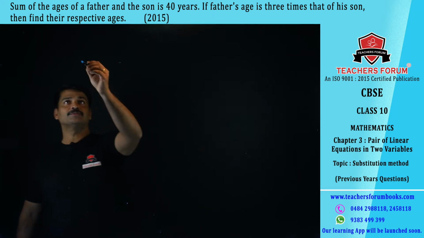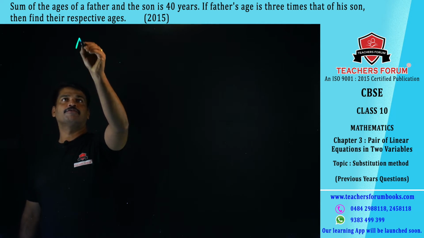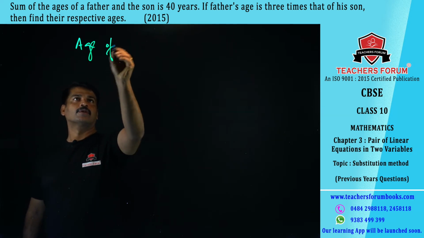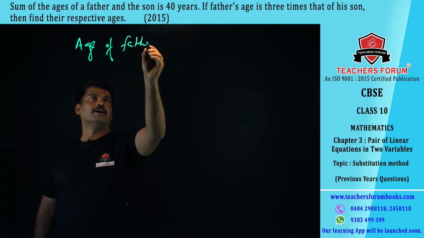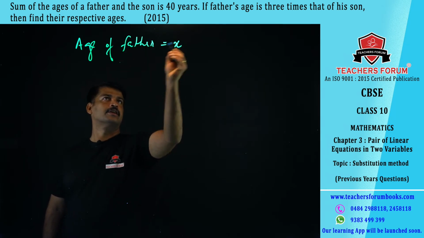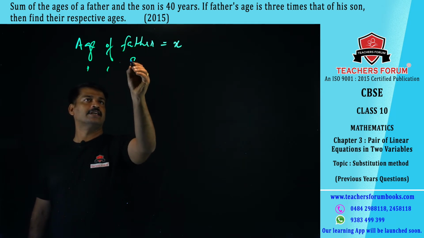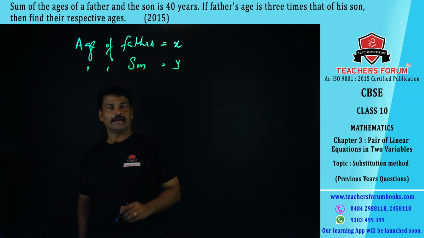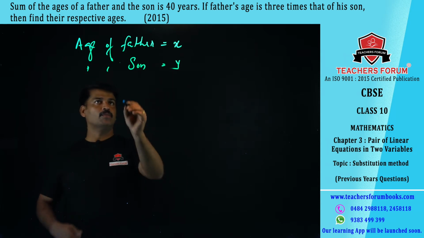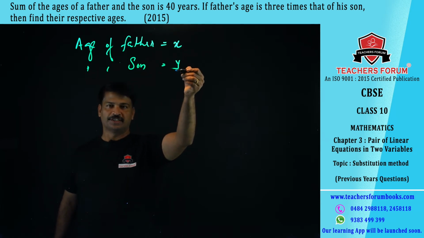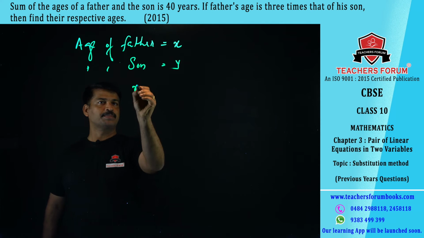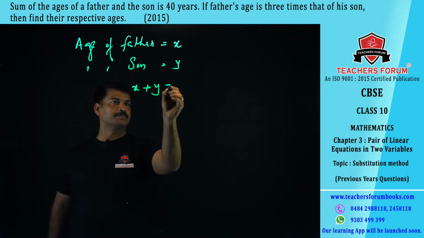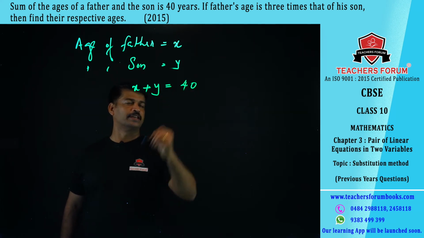Let us assume the age of father be x and age of son be y. According to the question, sum of ages, that means x plus y, is equal to 40 years.